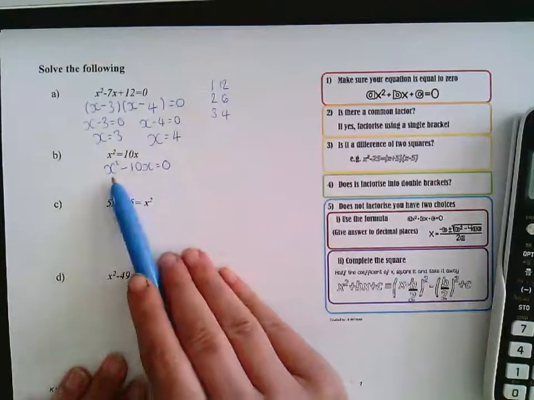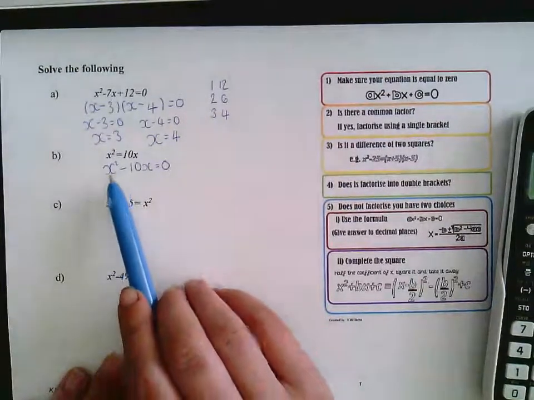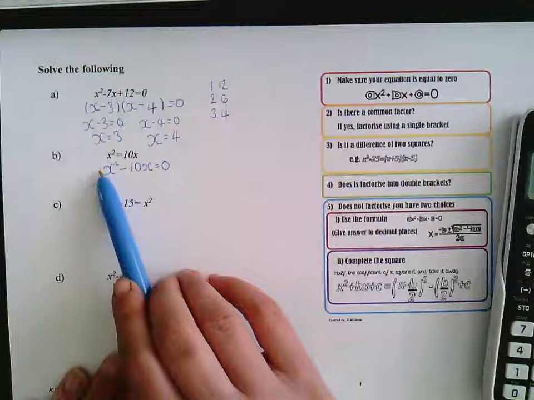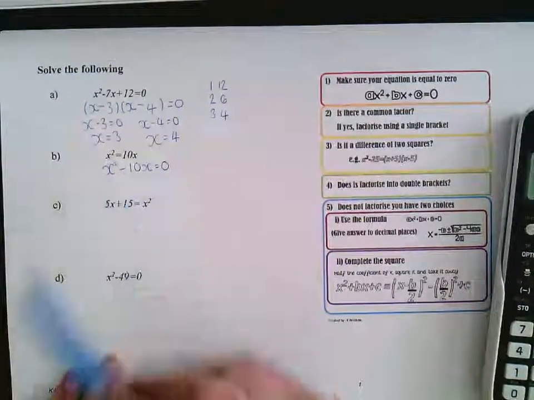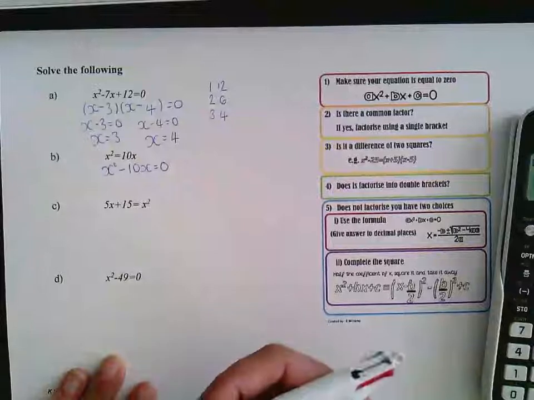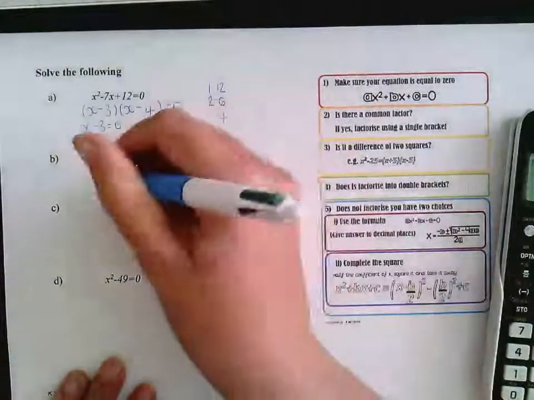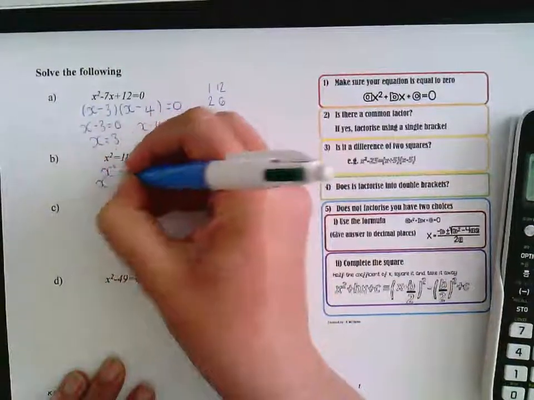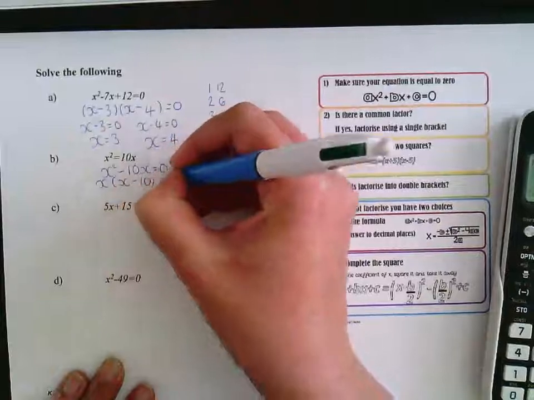Yes, there is an x in both terms. Is there a number that's in both terms? We've got a 1 in front of the x squared and a minus 10. No, the only number that goes into both of them is a 1. Okay, so when there's a 1, we don't bother taking the 1 out. But I can see there's an x in both. So I can do a single bracket factorization.